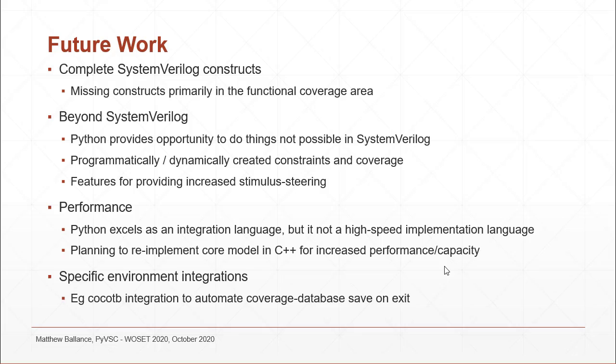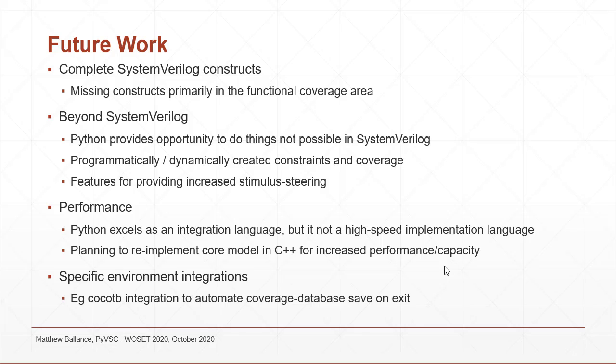On the performance side, we are looking at a project to redo a little bit some of the infrastructure under the embedded domain-specific language for performance reasons. Python is a great language for integration, and right now, we have an SMT solver, Boolector, integrated under the hood, but some of that glue logic is starting to get a little bit slow when it's written in pure Python.